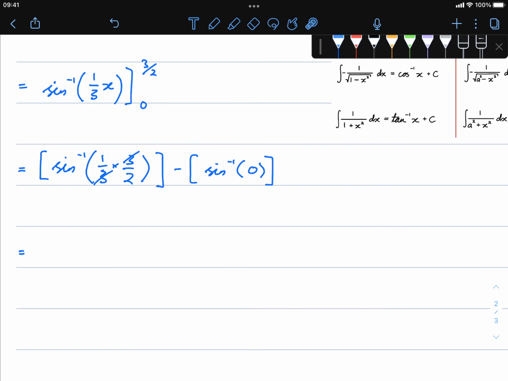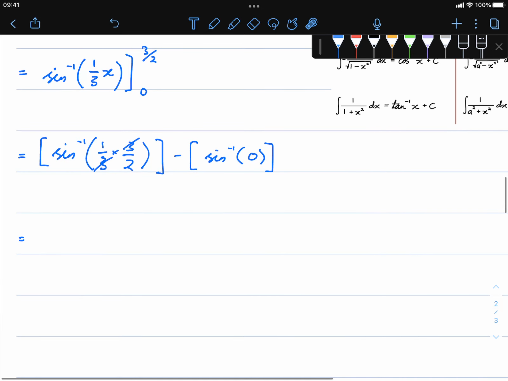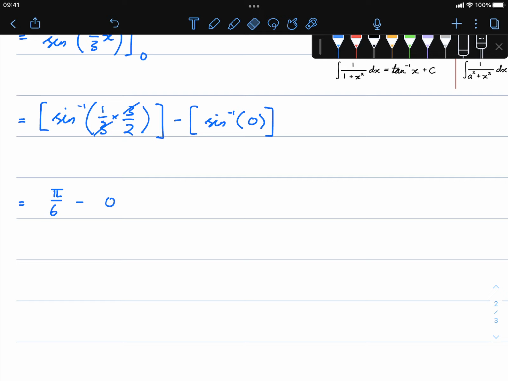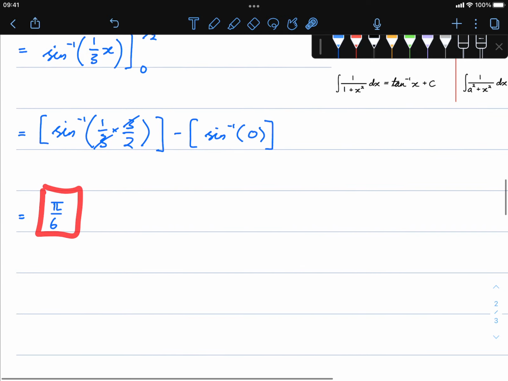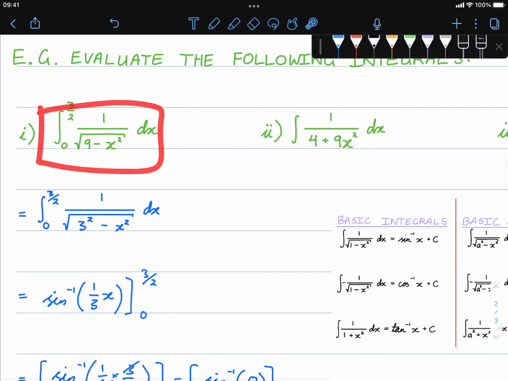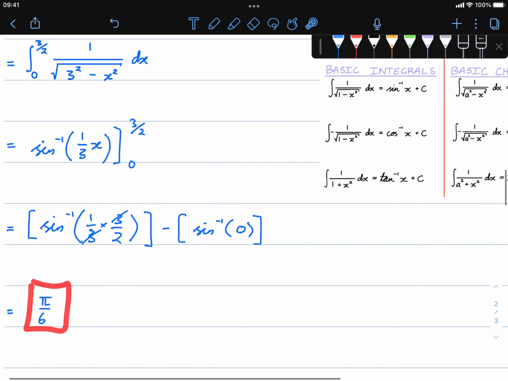So into our calculator, sine inverse of half gives us pi on 6, or 30 degrees, minus sine inverse of 0 is 0. Which we can just conclude that the definite integral of this one is just pi on 6.